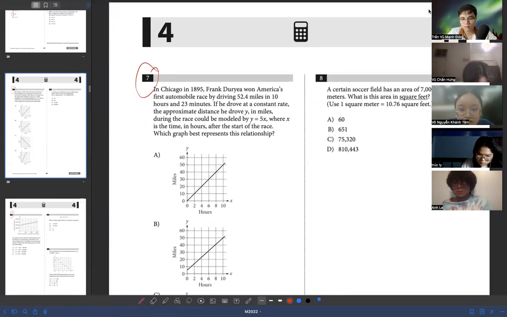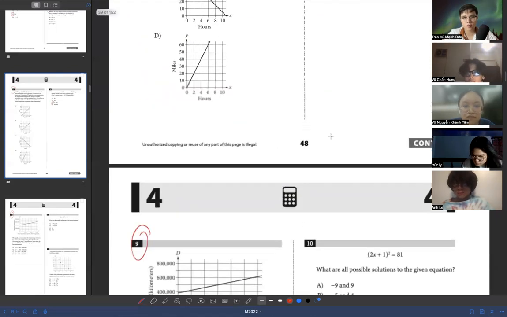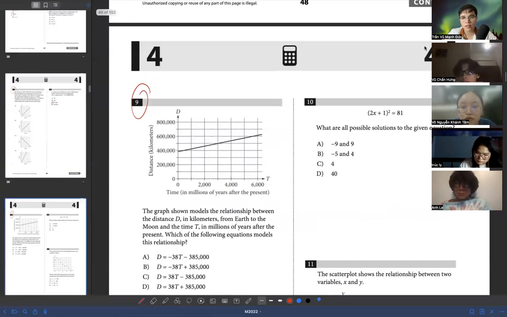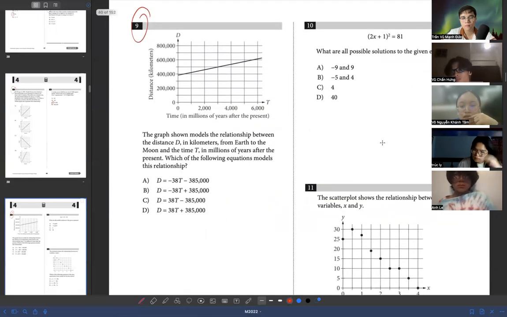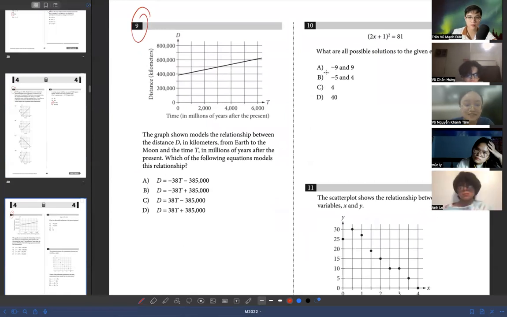A, C. 8C, correct. And 10. Let's scroll down. 10 is B. All right, that's also correct.